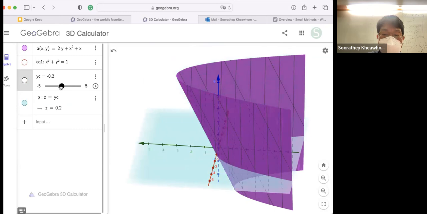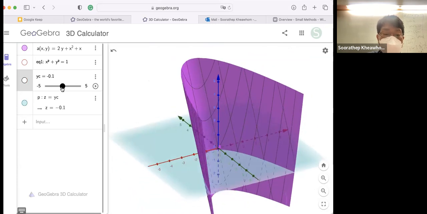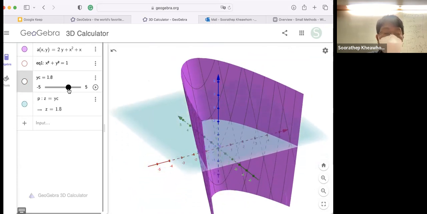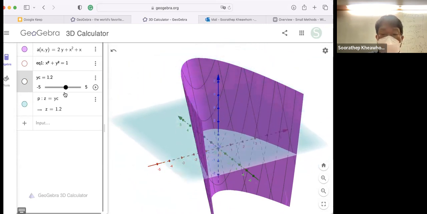Now you see it's better. What about this plane? We can call it a level set or level curve.